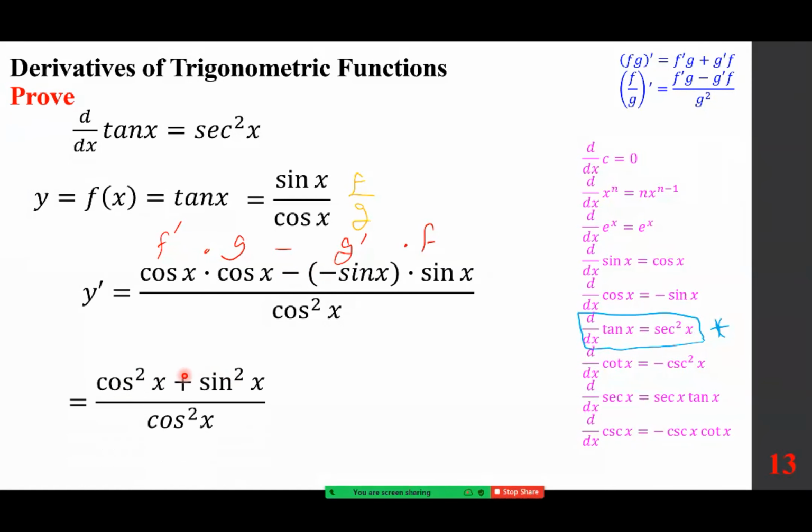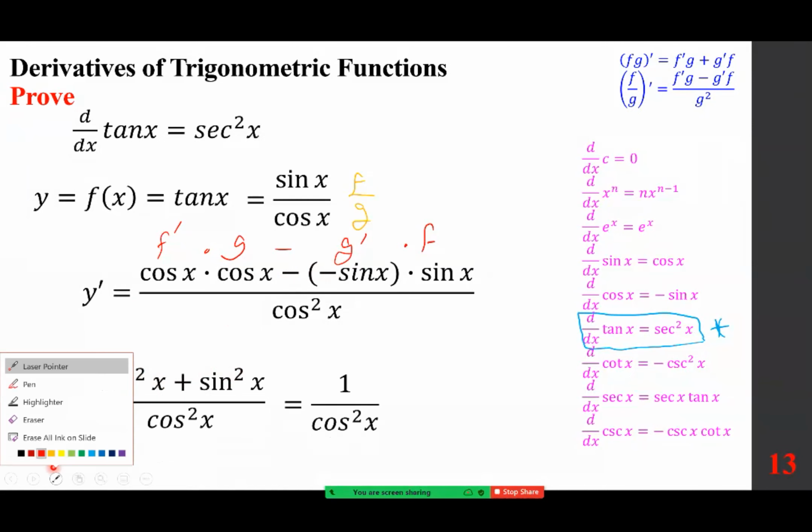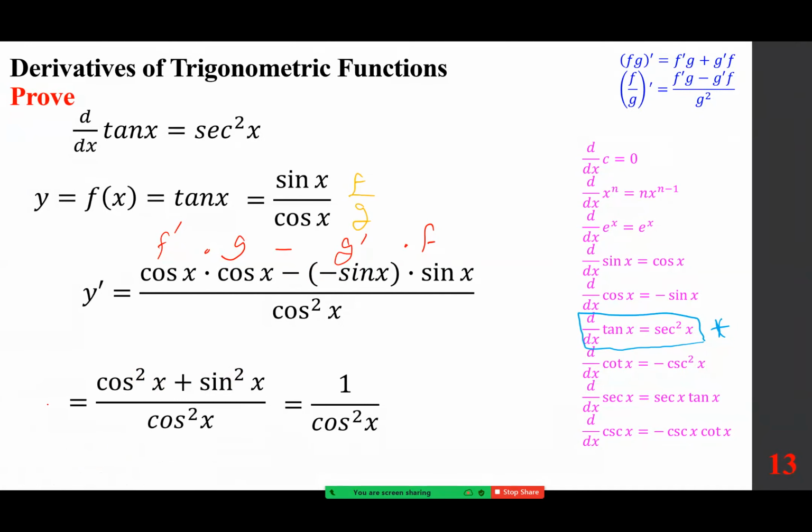Sine squared plus cosine squared, or cosine squared plus sine squared, makes no difference, is 1. And secant x is 1 over cosine x. So 1 over cosine squared is secant squared.